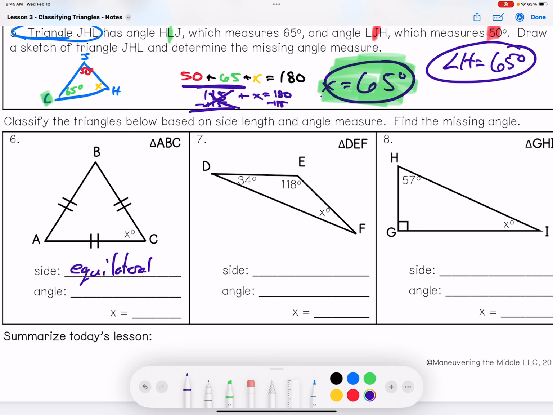So if all 3 sides are equal, what is each side going to equal? Okay, well, Coach, they don't give me any. Well, I know all 3 sides are equal. I know the total is 180. So I know each side is x, and I don't know what it equals.